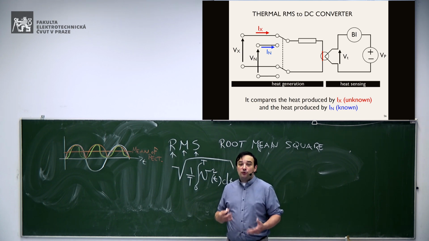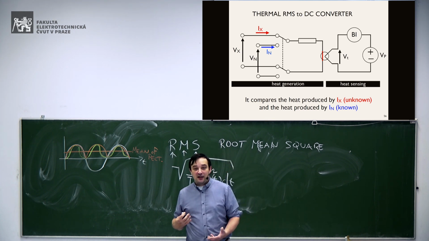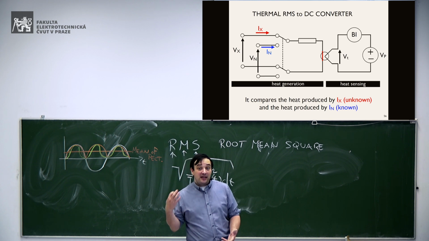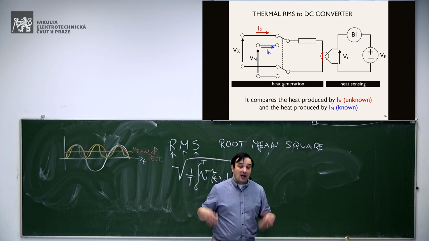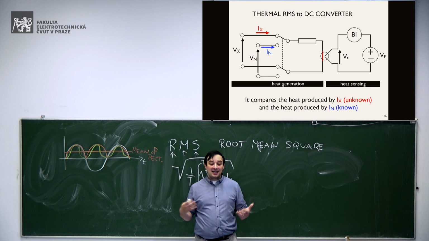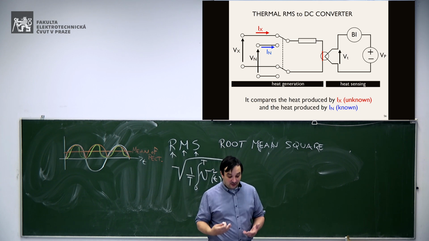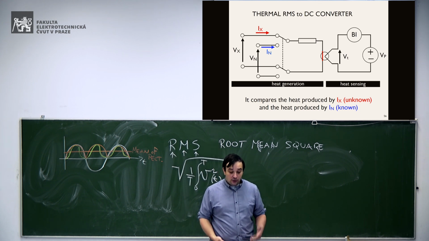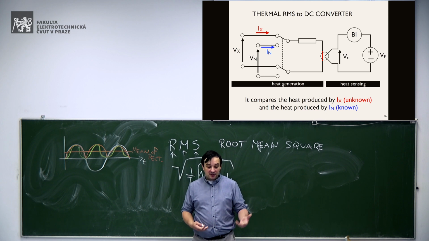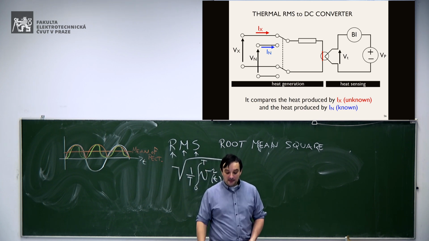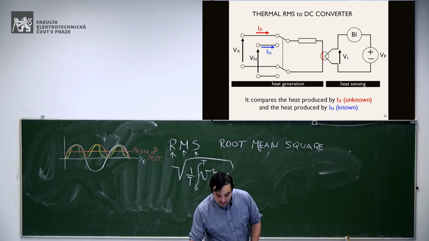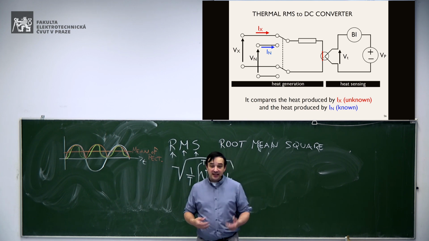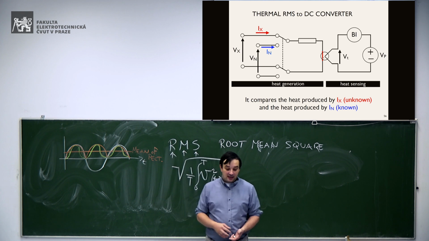You don't know what the RMS value of this voltage is, and you want to measure it. So our unknown is the RMS value of the voltage Vx. You connect it to a circuit which creates heat. Here in the middle, we have a thermal element which creates heat due to this current.